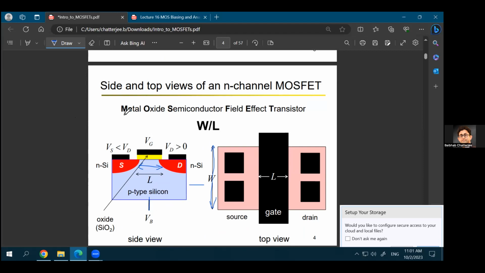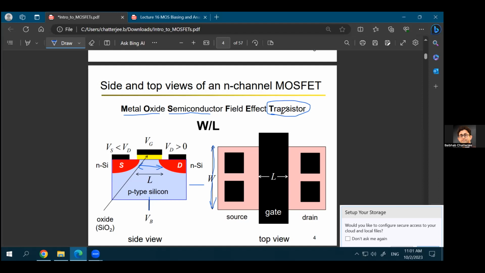Now, again, coming back to the name, it's called a metal oxide semiconductor field effect transistor. So, of course, first of all, why is it called a transistor? Because the first time people developed this three-terminal device was, I think, almost in 1946, 1947, and it was developed here in the US at Bell Labs.